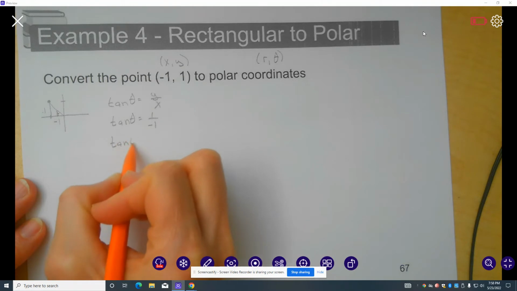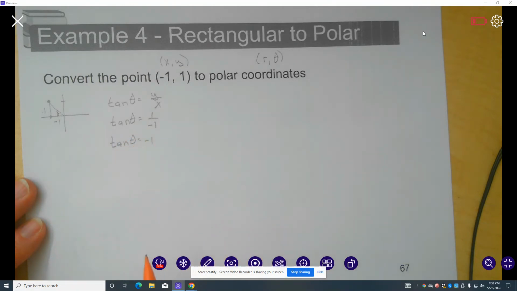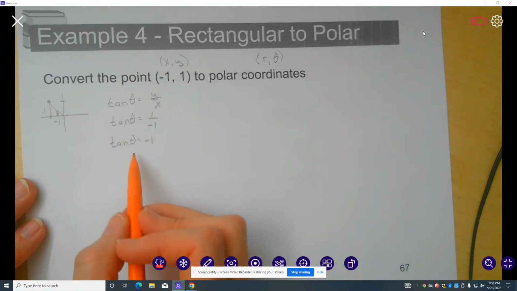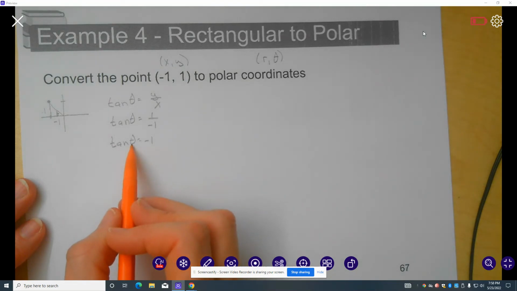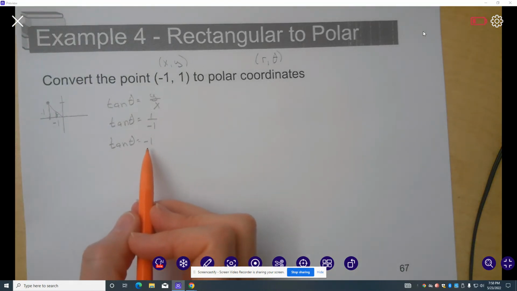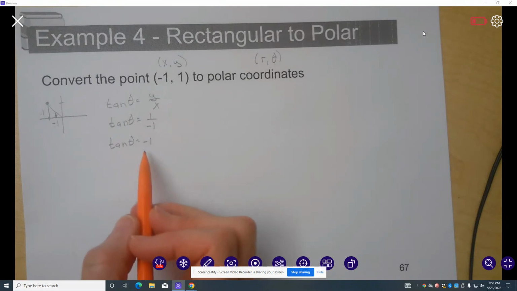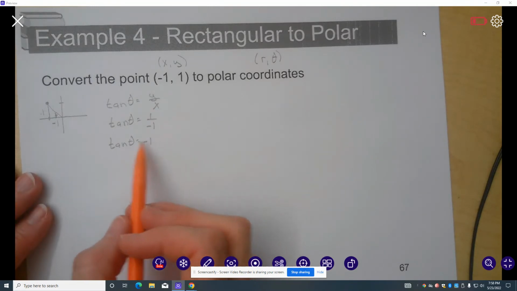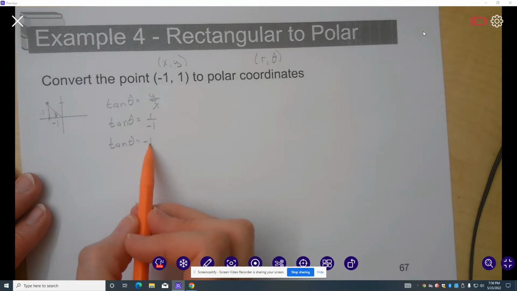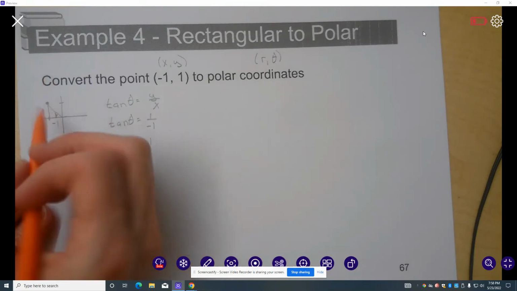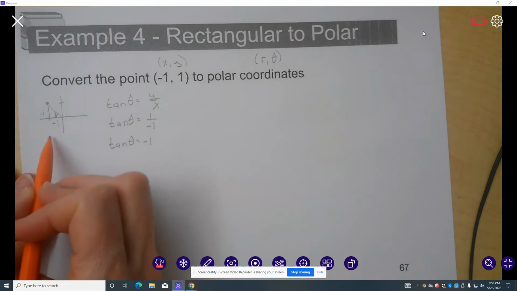Tangent of theta is equal to -1. And remember, if I'm finding the angle and I know the tangent, I'm using tan inverse. But again, this would be a non-calculator problem. So I have to think, where on the unit circle is tangent equal to -1? Well, it would be in this quadrant or this quadrant.